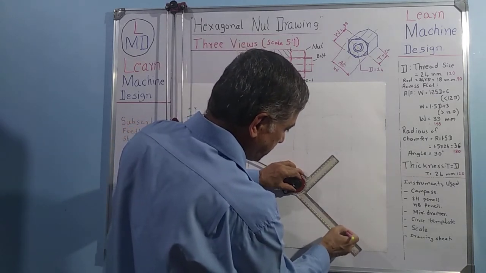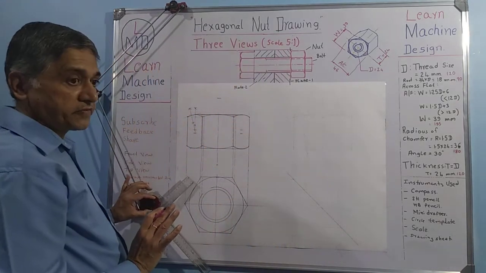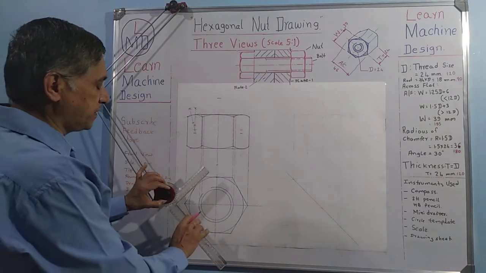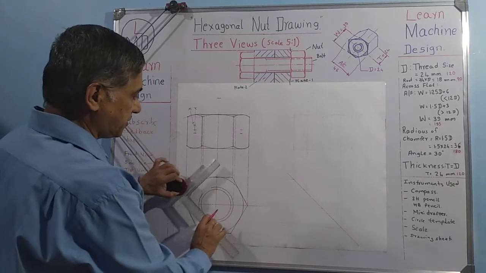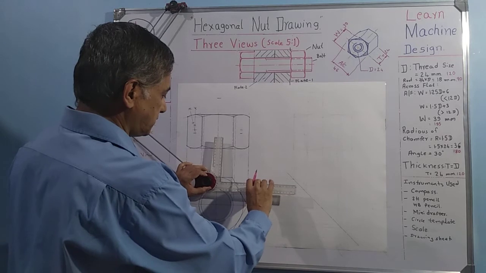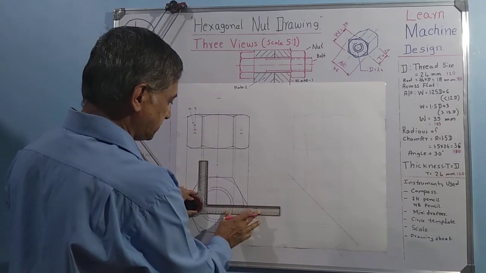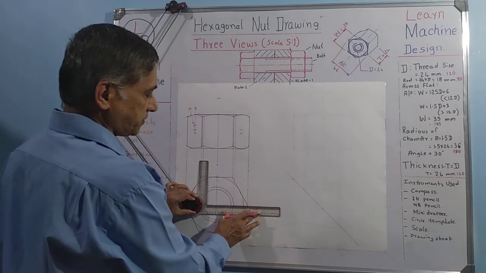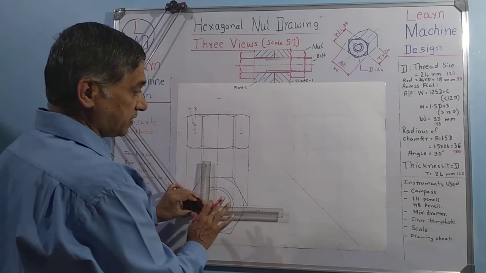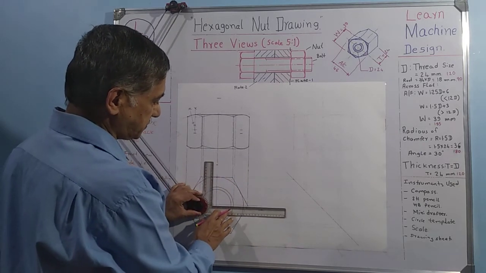and use a 2H pencil. So now the 45 degree line is ready, and taking this hexagonal side as a reference, again we have to draw. Take the mini drafter to the original position, and inspect that my mini drafter is fixed correctly, otherwise error will come, and it should be firm.